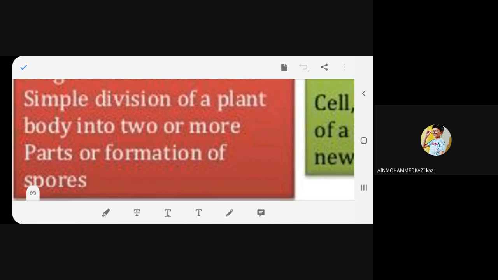It may divide into two or more, and so many babies will happen, and they will look similar to the parent. Or at times, a body can start giving spores, thousands of spores. Got it now? So this is the mechanism by which asexual reproduction takes place. Any problem?